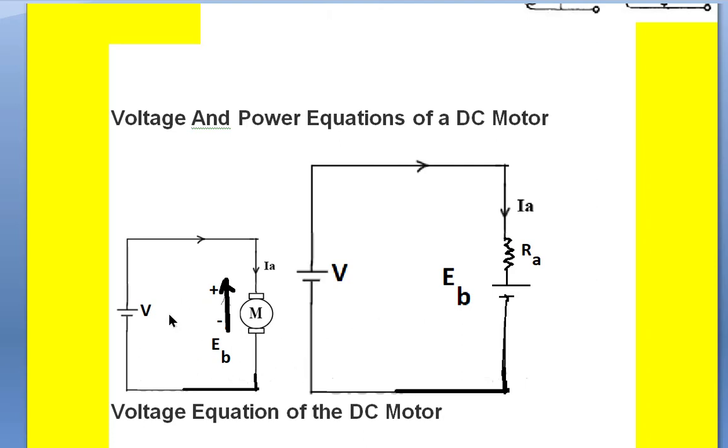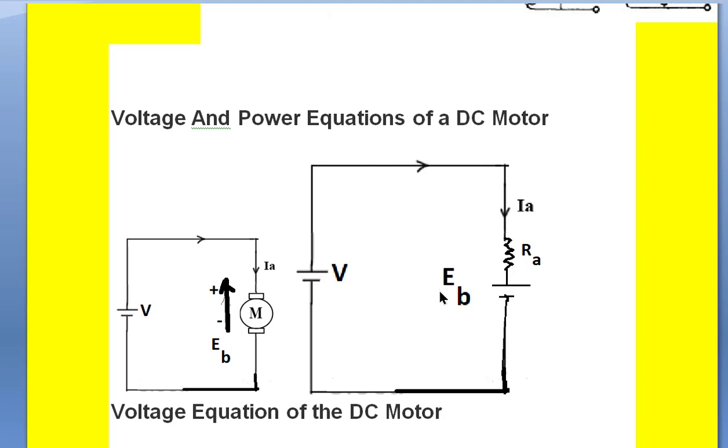If this circuit is drawn like this, the armature resistance is placed like this, RA, and the back EMF, or the voltage induced in the motor armature, whose polarity is opposite to the applied voltage, is represented like this.